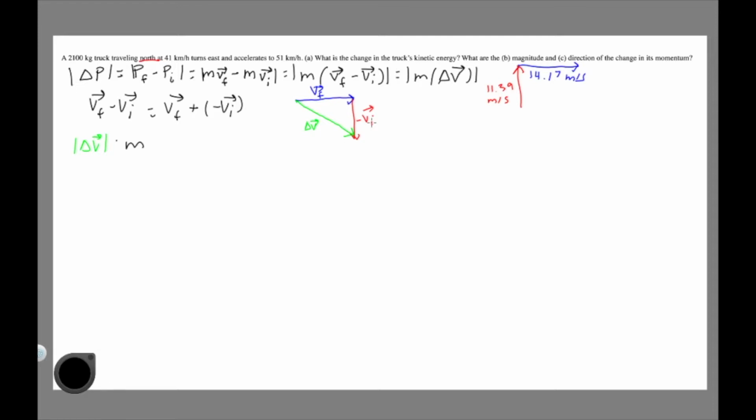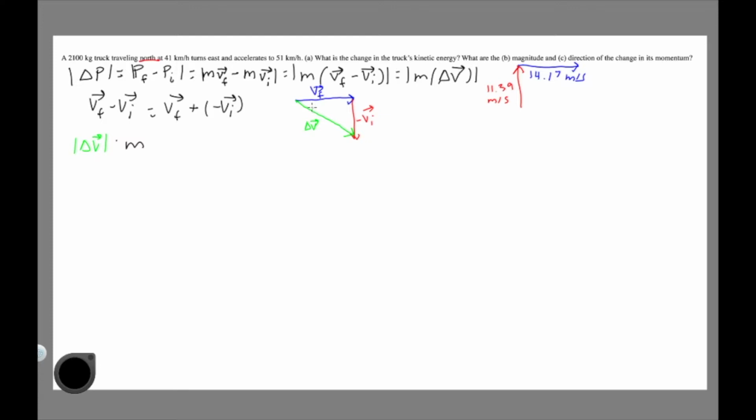This sum or difference will be delta V. So let's go ahead and do that now. Since VF only extends in the x direction because it's traveling east, or to the right, we only have an x component for VF. There's no y component to VF. It only travels to the right. It does not travel up.